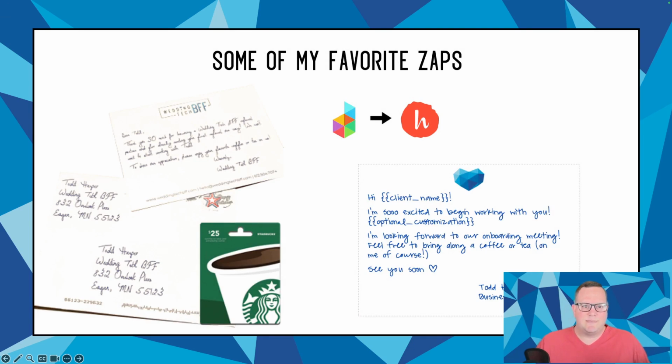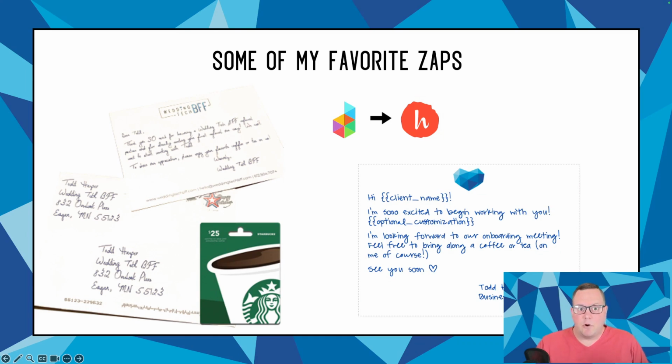So those were some of the Zaps my clients request most often. Now I'm going to show you a couple of Zaps that I use and love in my own business, and perhaps could inspire something similar for you. One thing I love to do is send personalized but mostly automated handwritten notes with thank you cards and Starbucks cards.